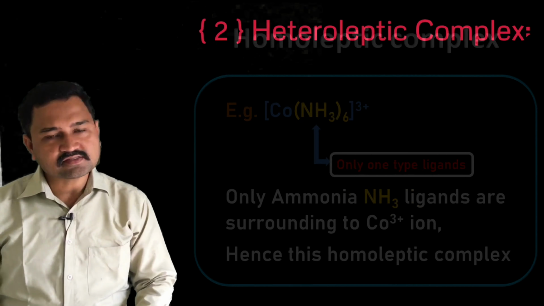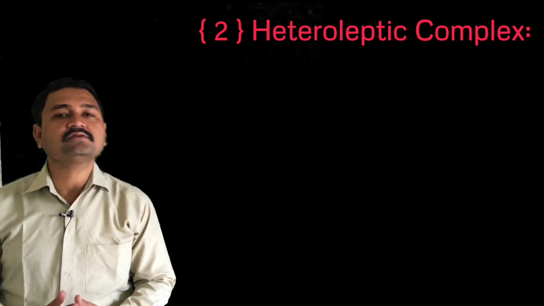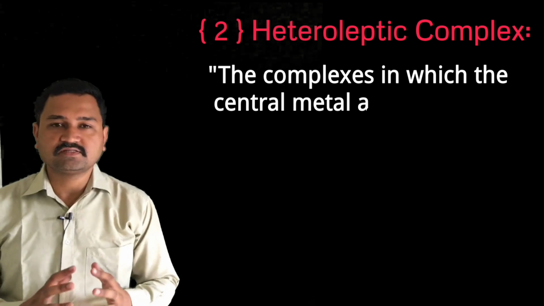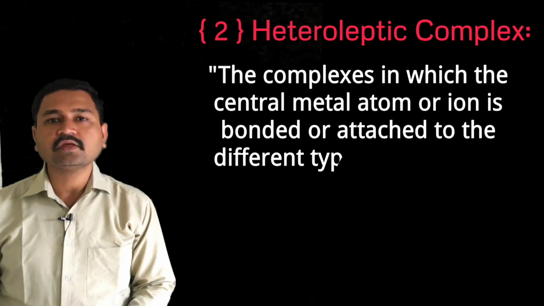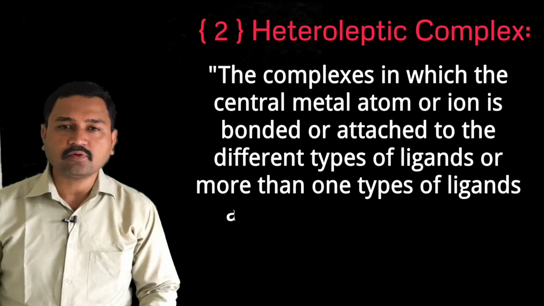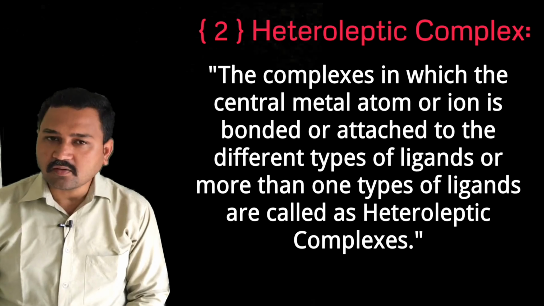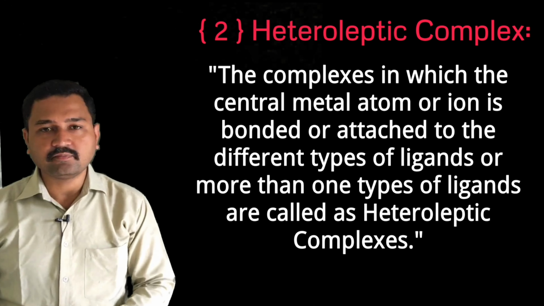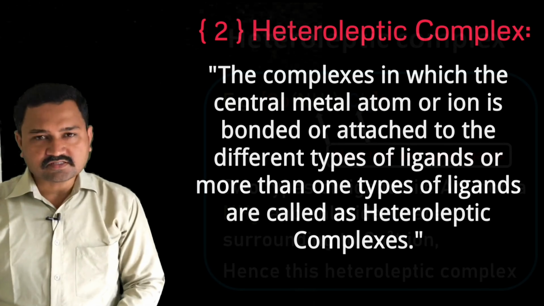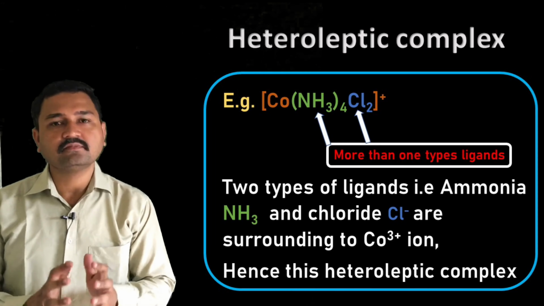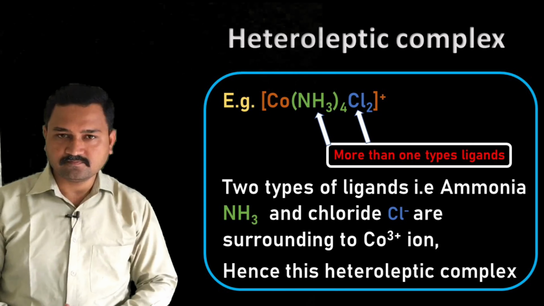So now let us consider the second type, that is the heteroleptic complexes. The complexes in which the central metal atom or ion is attached to different types of ligands, or more than one type of ligand, are called heteroleptic complexes. Now let us consider an example: [Co(NH3)4Cl2]+.